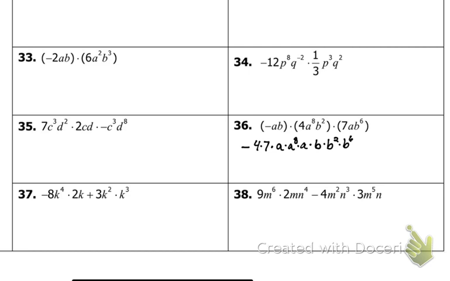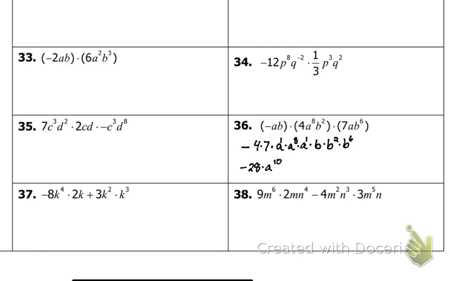Okay, if you didn't get this one, don't overthink this process. Can we do 4 times 7? Yes, and in this case, it'd be a -28. Now, when we multiply these, we are just adding the exponents up. All I'm asking you to do is 1 plus 8 plus 1. 10.